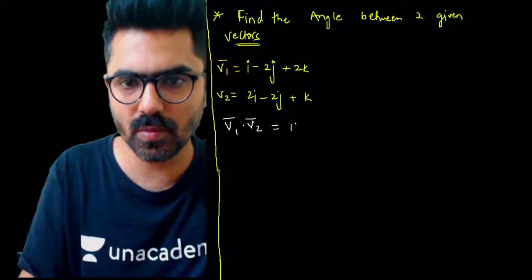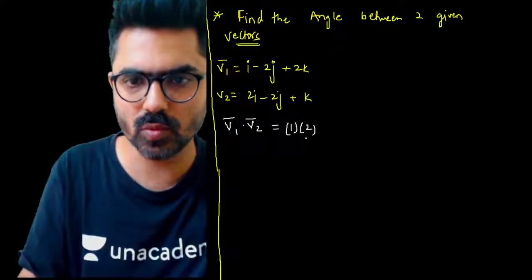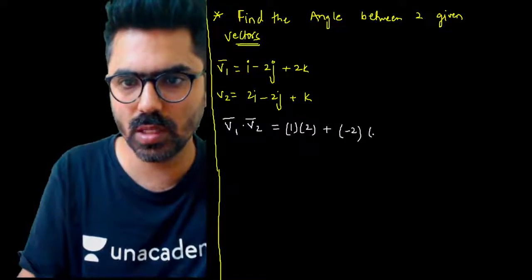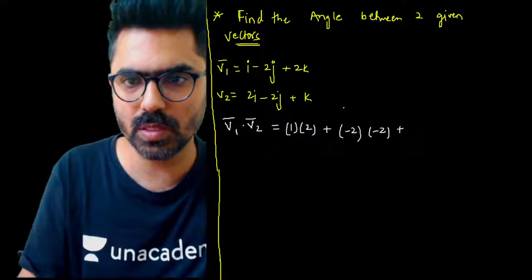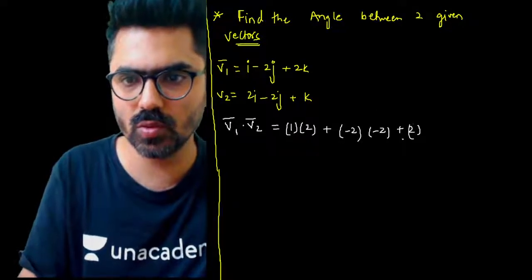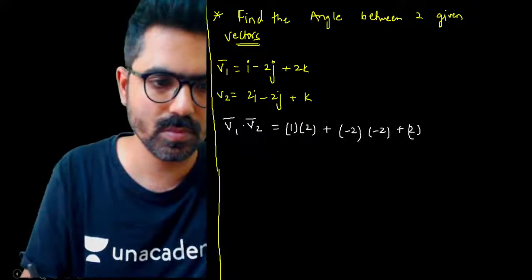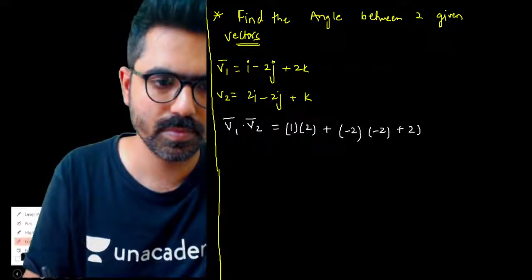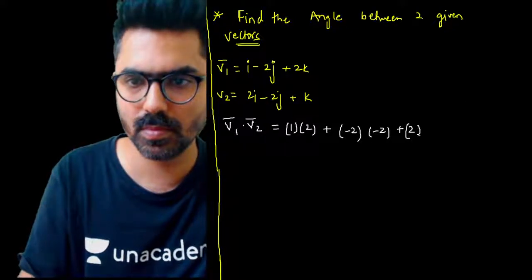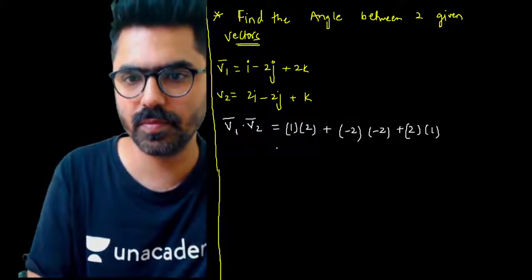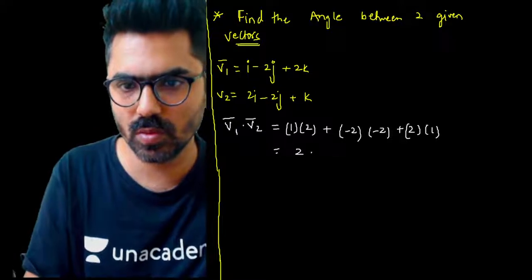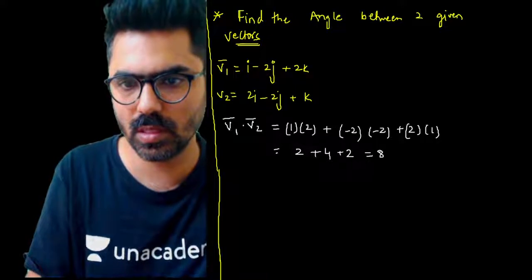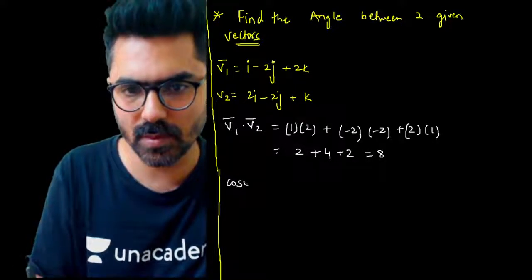So i component is 1, here i component is 2, plus j component in this is minus 2, and here also minus 2, plus k component is 2, and also here 1. So it becomes 2, this plus 4, then 2. Total becomes 8.